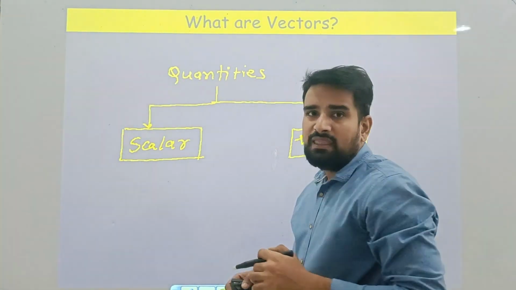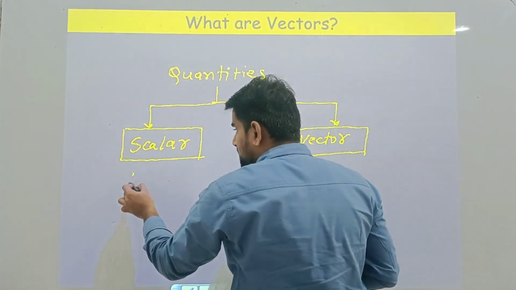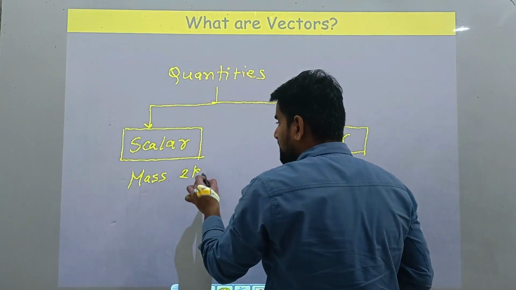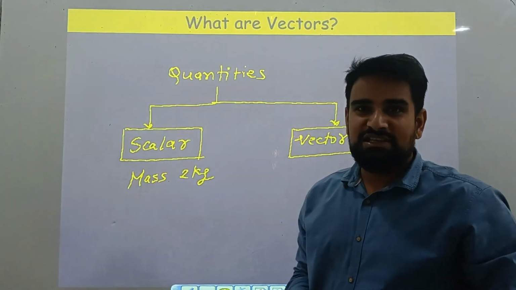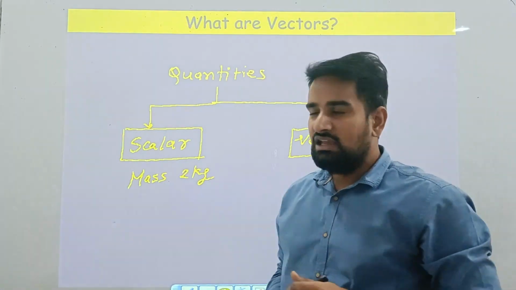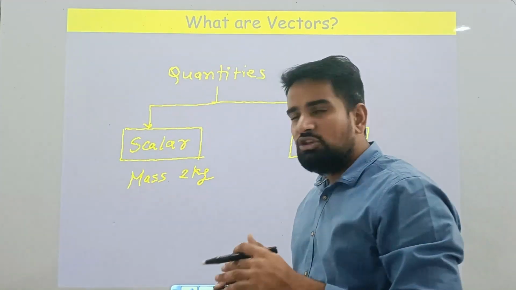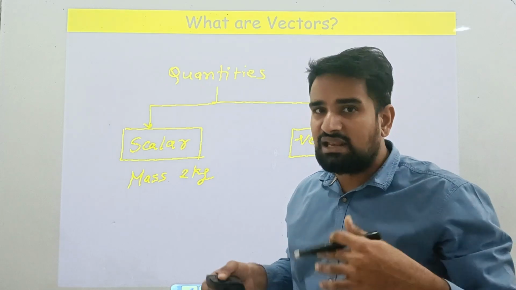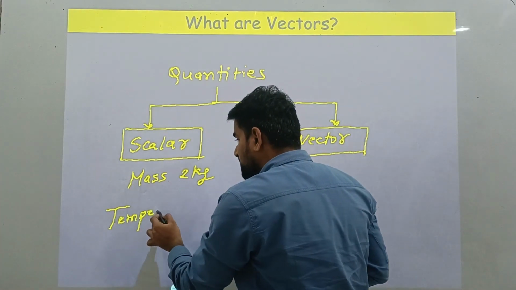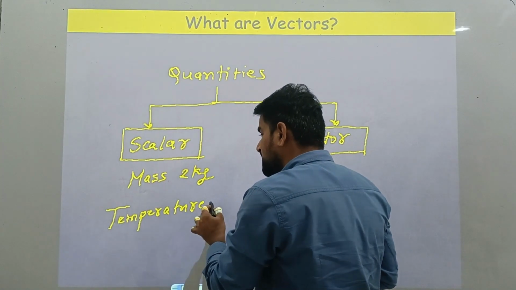Like my mass. If I say it is 2 kg, it does not need any direction to specify in which direction it exists. So mass is a mass, and you need not tell any direction. Like temperature, you do not need to define its direction.